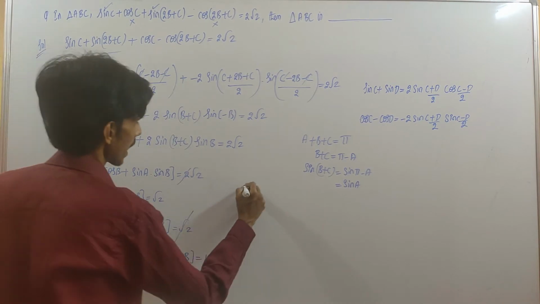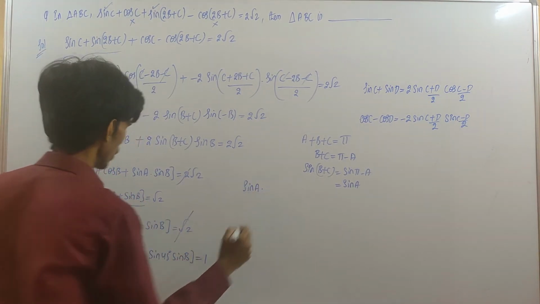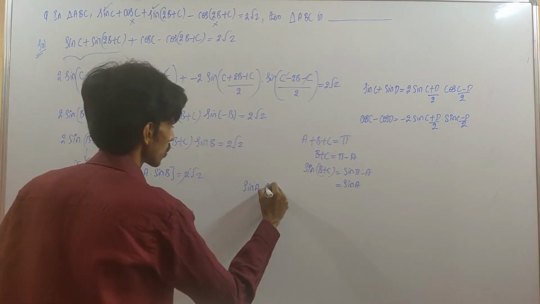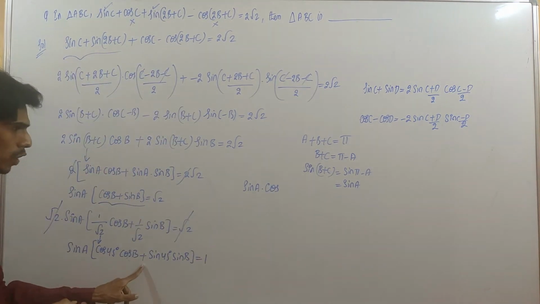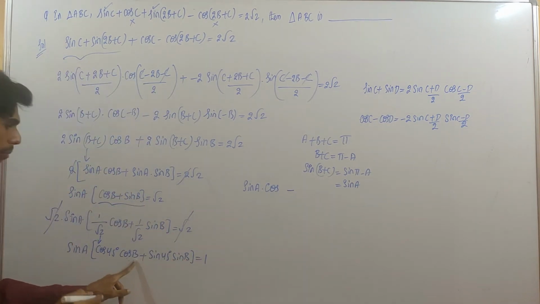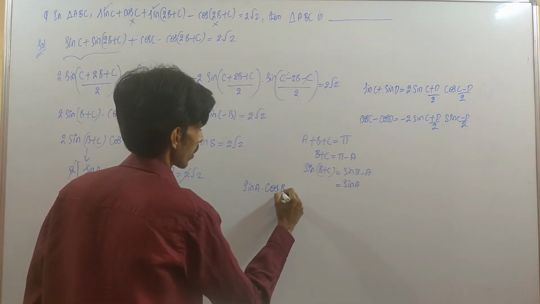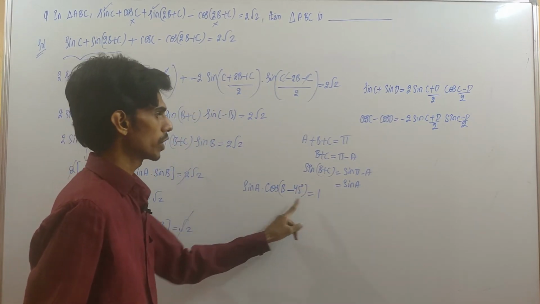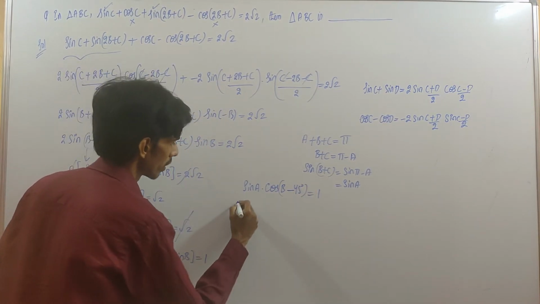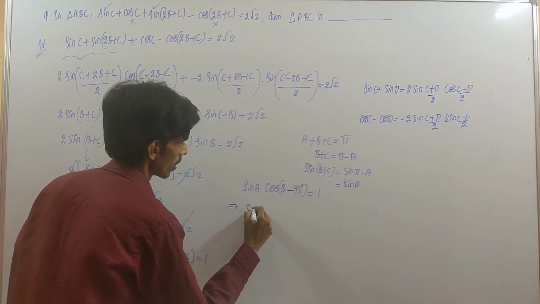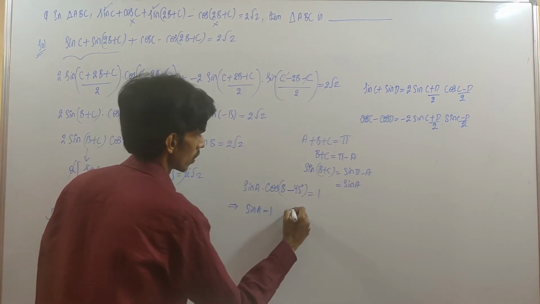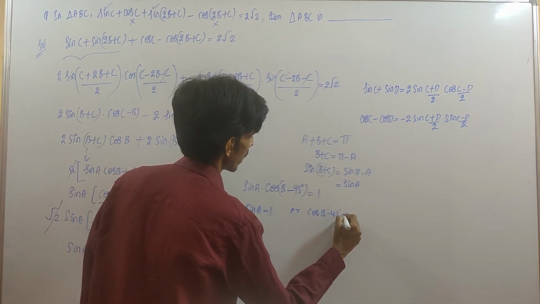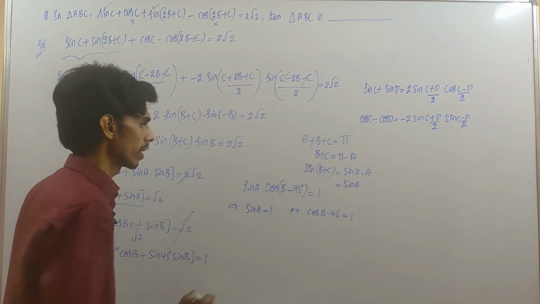Now this can be written as sine A as it is into, this is in the form of cos A cos B plus sine A sine B. So this can be written as cos (A minus B), plus sign is there, so put minus sign, (B minus 45 degree), that is equals to 1. Product of these two is 1, so either of them is 1. That implies sine A is 1 or cos (B minus 45) is equal to 1, or both of them are 1.